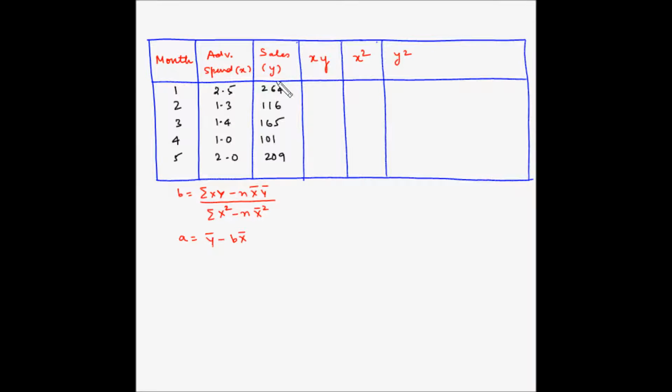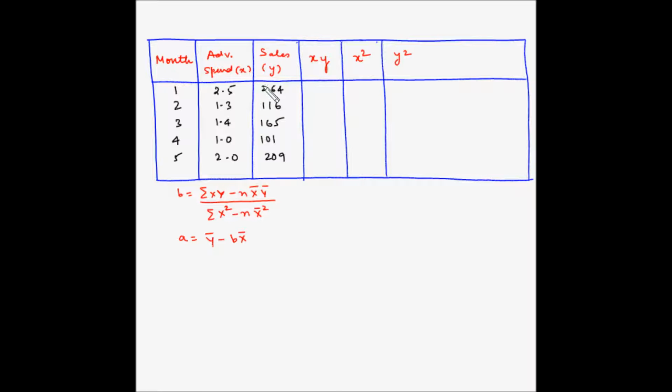Now first we'll find the value of b, for which we need the individual values of x multiplied by y. So we have to multiply each value of x with the corresponding value of y and then find the sum. That is the meaning of this term here, sigma xy. So let us find this first.